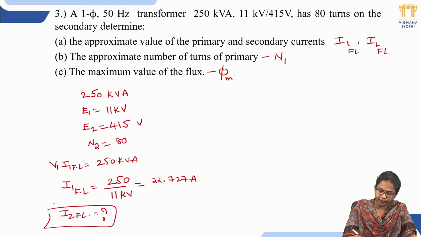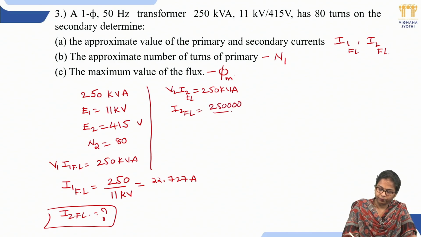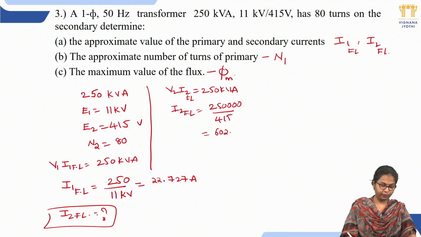And full load secondary current we need to calculate. Even this we can calculate. V2 I2 is equal to 250 kVA and I2 full load is equal to 250 kVA divided by 415 volts, which will be getting around 602.40 amps.